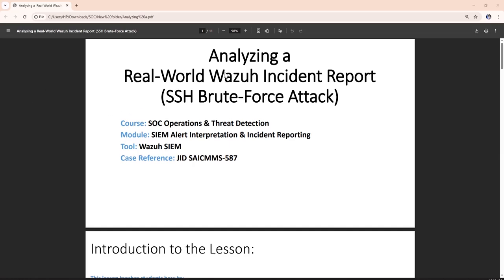So, like I said today, we'll be looking at a real world incident report from Wazuh, and it's going to be an SSH brute force attack. By the end of today's class, you will be able to see how a level one pushes out an alert or a report based on what he has monitored.